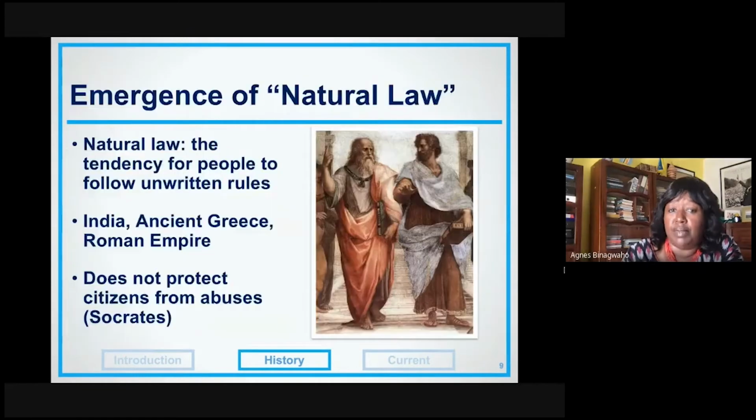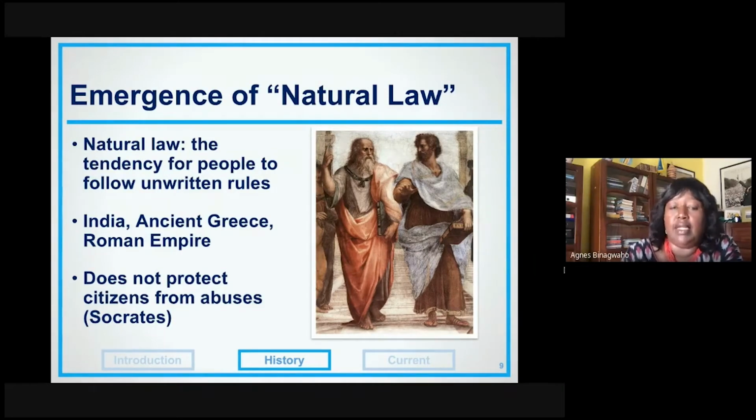From Persia, the idea spread to India, ancient Greece, and the Roman Empire. And philosophers started to think about the laws that people were following naturally. And this concept of natural laws arose. Natural laws is the observation of the fact that people tend to follow certain unwritten laws in the course of their lives.